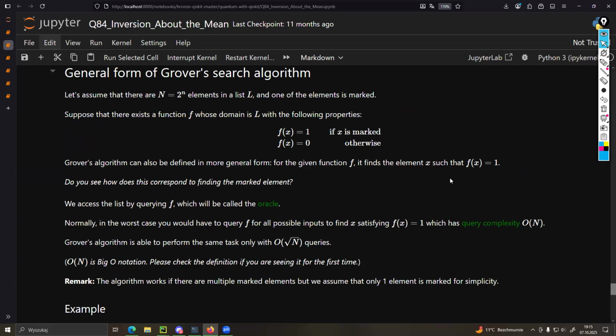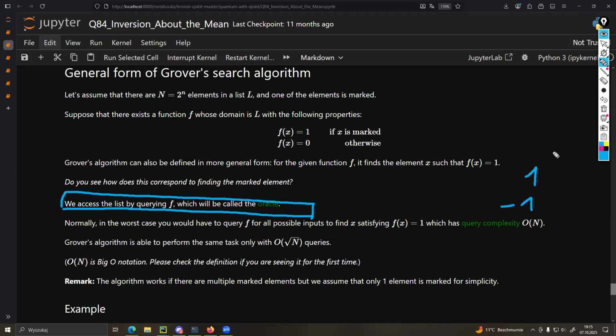But how do we actually mark our solution in practice, right? And this is where the Oracle comes in. This is a special function that will mark by either 1 or -1. In our earlier example, there was this operation of inversion, which we just multiplied by -1.